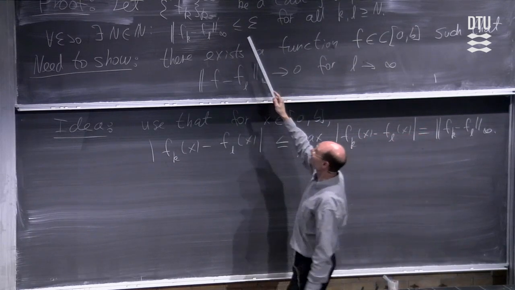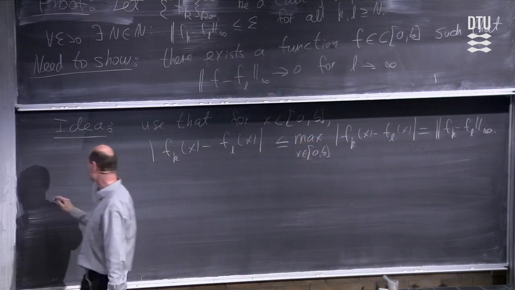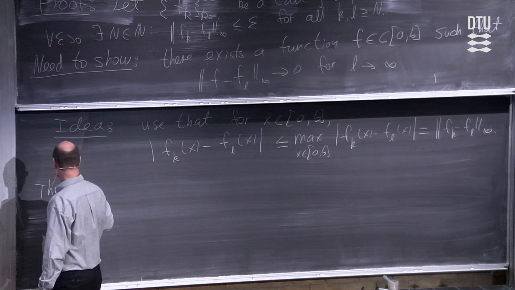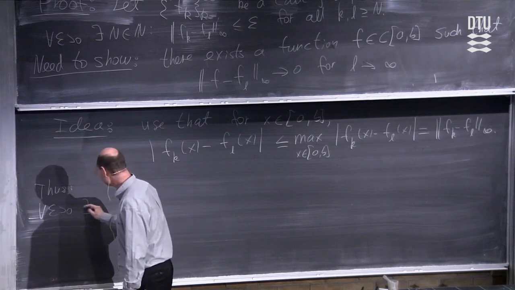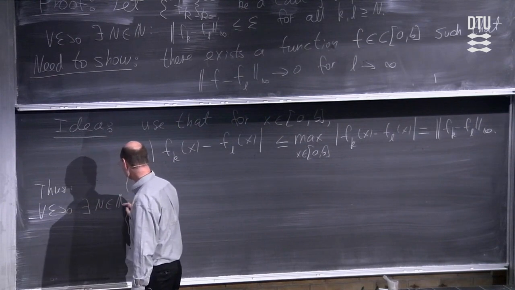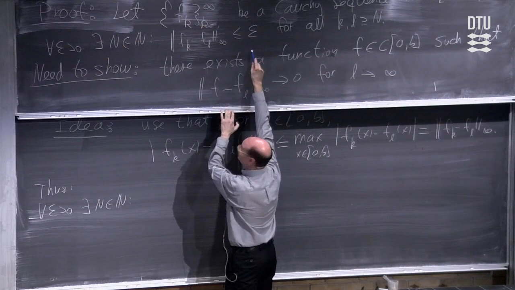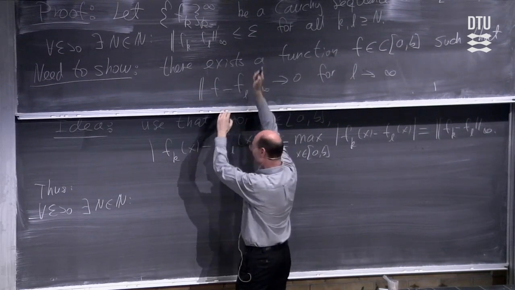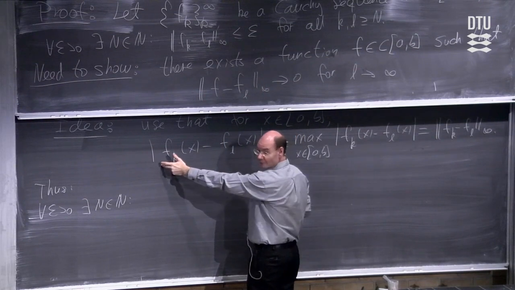This means that the statement we have here can be revised. So we can also state that for all epsilon greater than 0, there exists an n such that all this is smaller than epsilon. But if the norm is smaller than epsilon, then certainly this is smaller than epsilon, because this is smaller than the norm we are looking at.